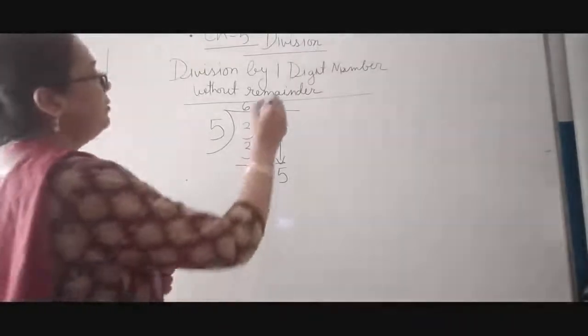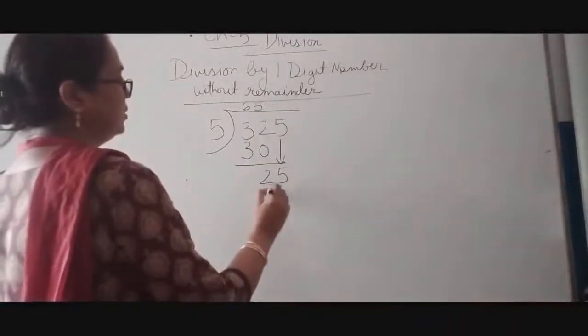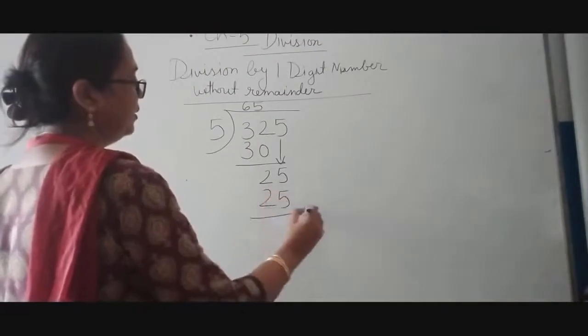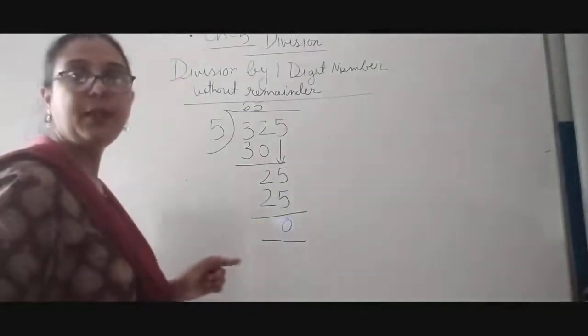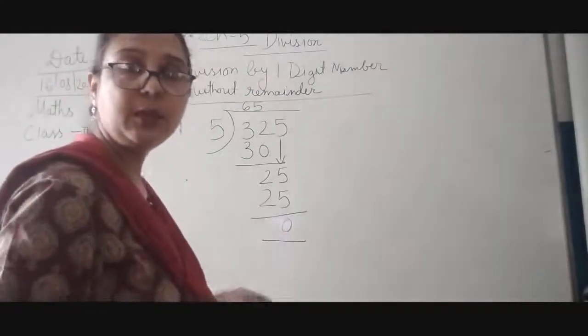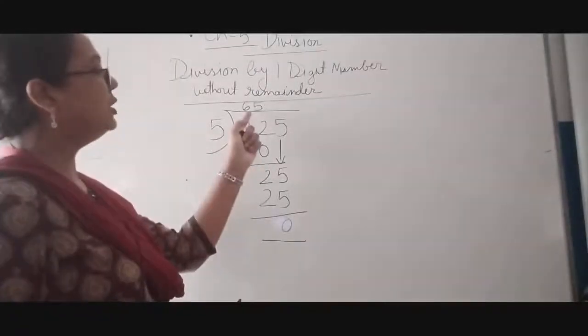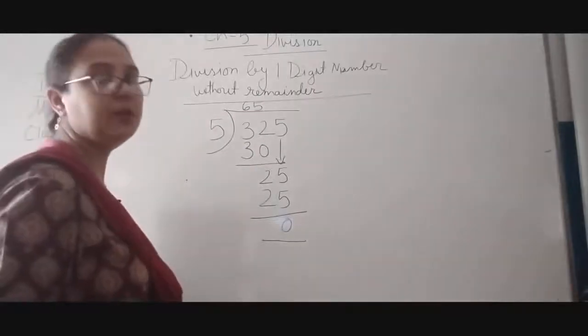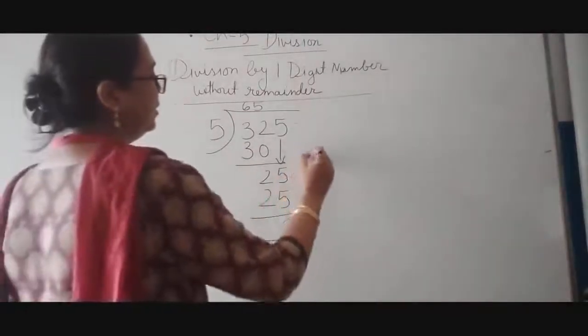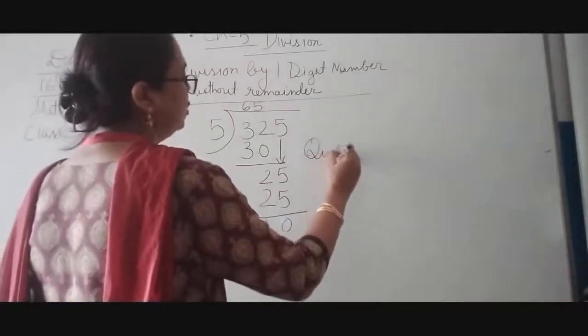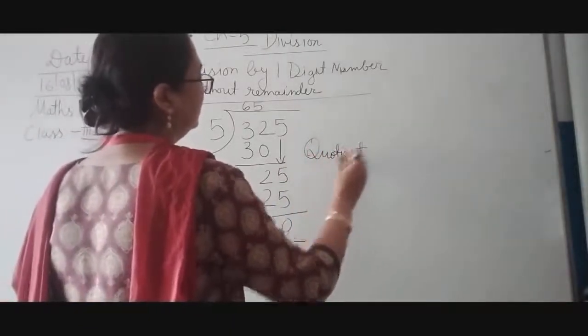Here we write 5 fives are 25. So here you can see the remainder is 0, nothing is there, and the quotient is 65.